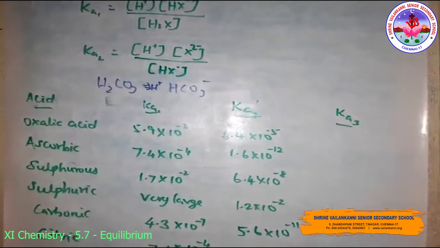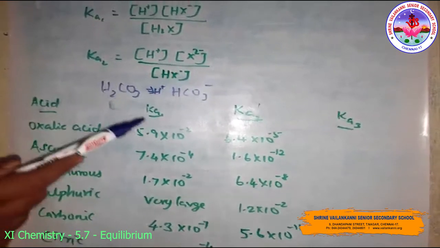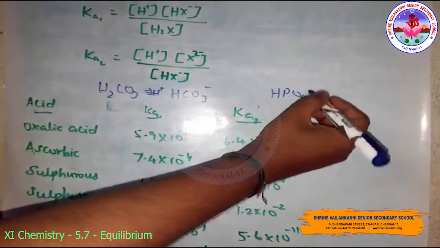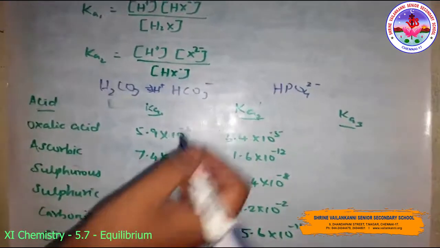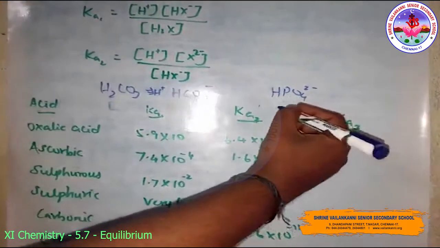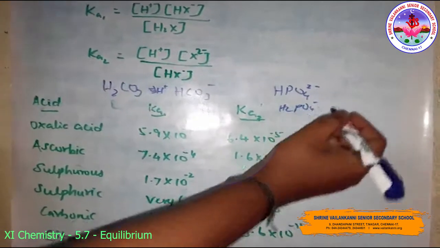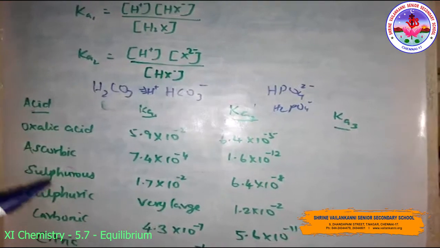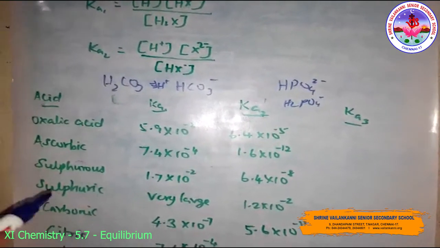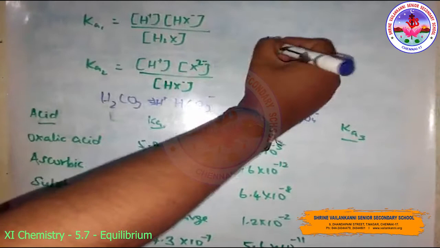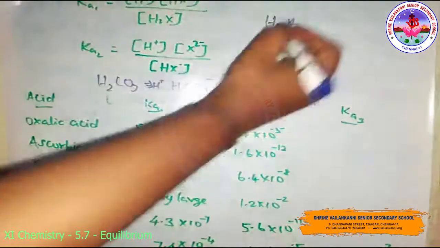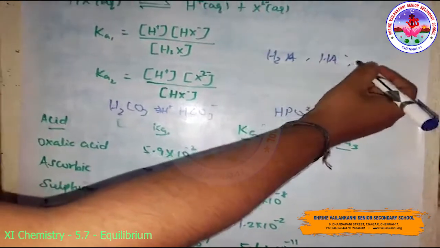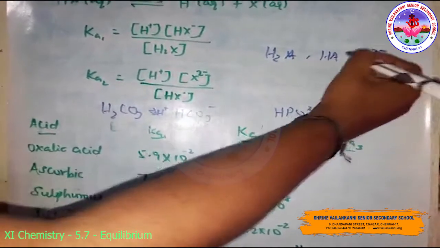Similarly, it is more difficult to remove a proton from a doubly charged anion HPO4 2 minus than from H2PO4 minus. So a polyprotic acid solution contains a mixture of species like H2A, HA minus, and A2 minus.